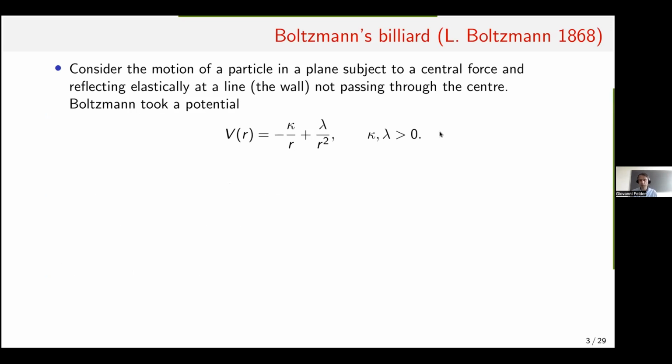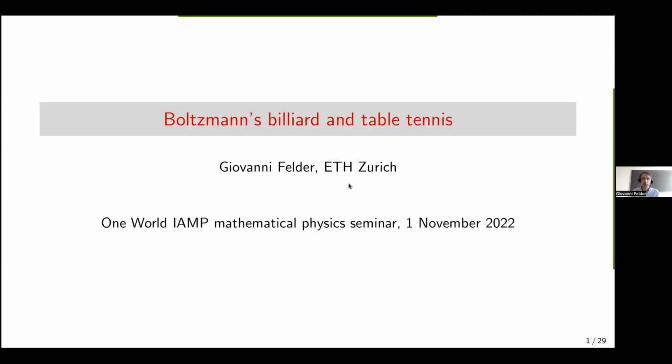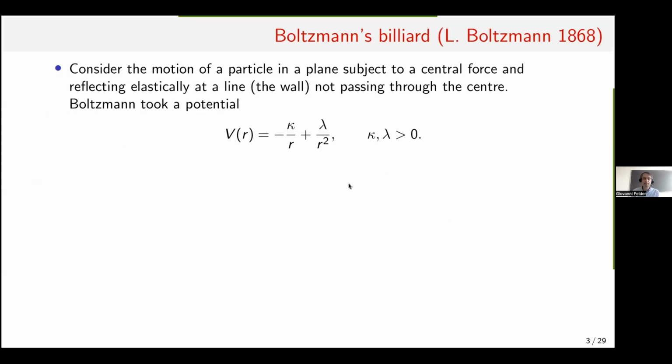But on the billiard there is some boundary, so some line in this plane at which the particle gets reflected elastically. And so Boltzmann took as a potential a Newton potential and also a centrifugal force proportional to the inverse cube of the distance. So the potential would be lambda over r squared.